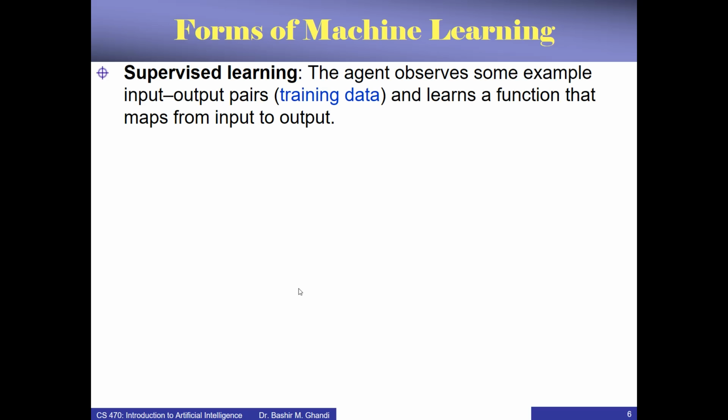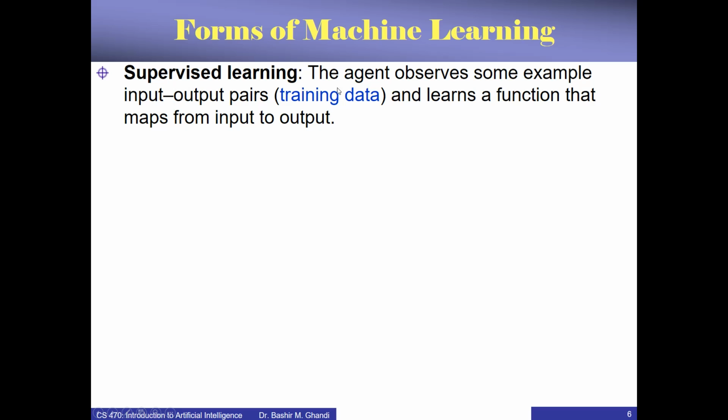But first, let's look at the forms of machine learning. There are three main types of machine learning. The first one is called supervised learning, and it's the one we shall be concentrating on in this course.